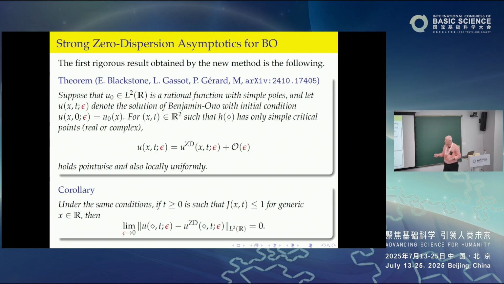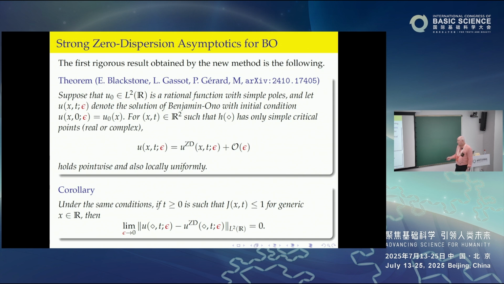Then you can write that the Benjamin-Ono solution is equal to this thing we just built, this zero dispersion function, plus order epsilon. And this order epsilon holds pointwise in x, t, but also locally uniformly. So as long as you stay away from these exceptional curves in space-time where there's a double critical point of the h function, there's no problem.